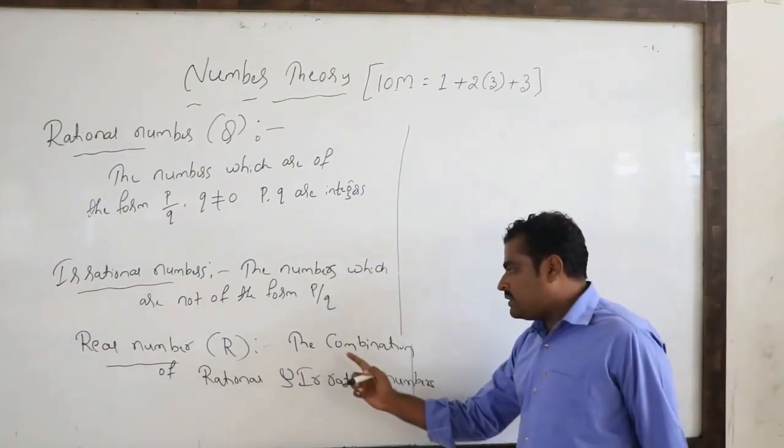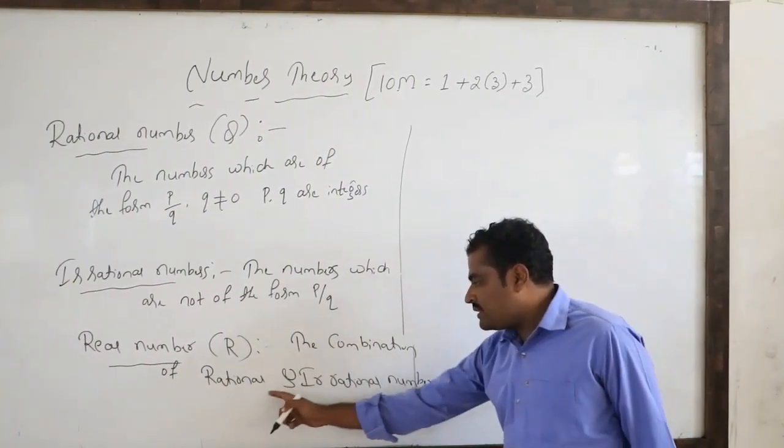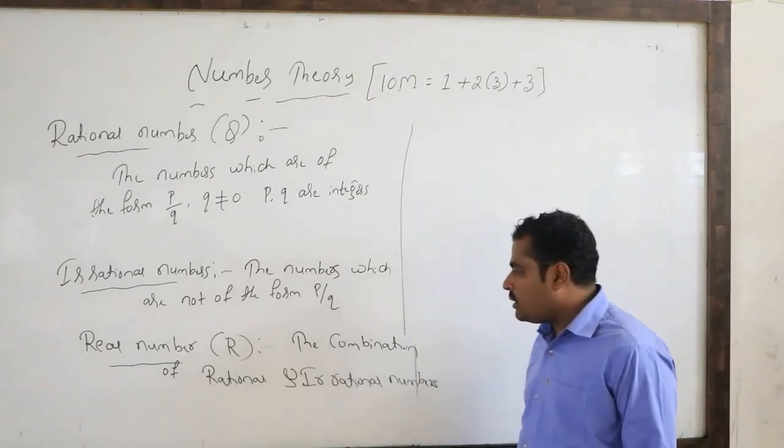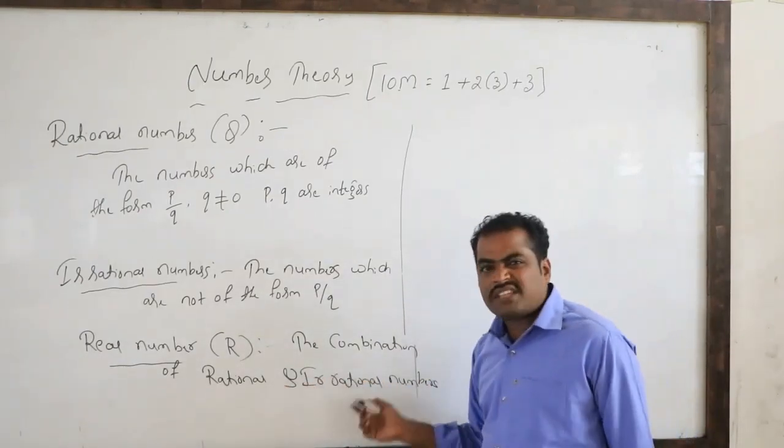So real numbers means the combination of rational and irrational numbers, or the union of rational and irrational numbers.